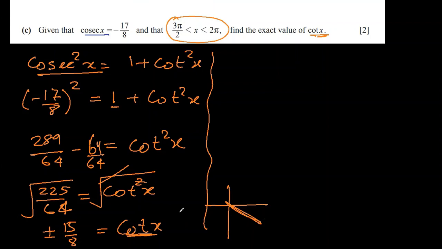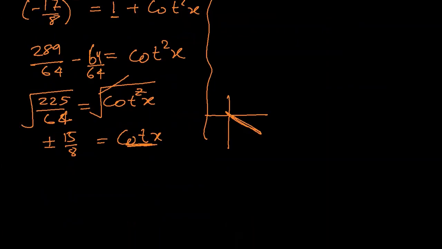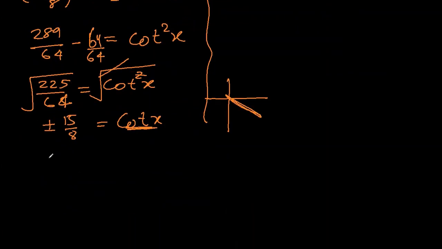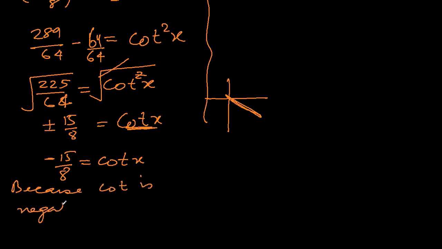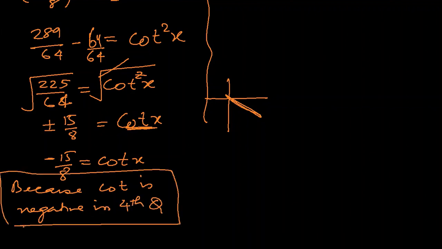It is negative. That means we ignore the positive answer and take just the negative answer. Minus 15 over 8 is cot x, because cot is negative in the fourth quadrant.